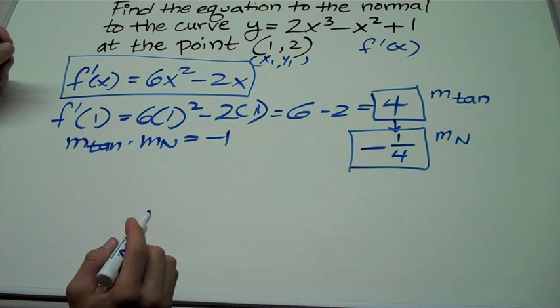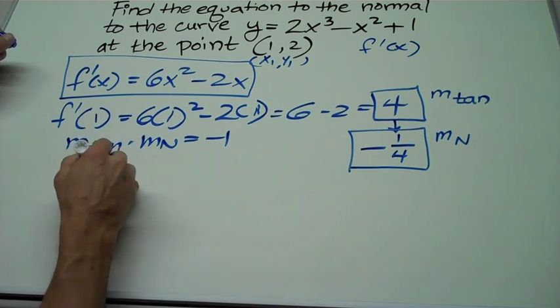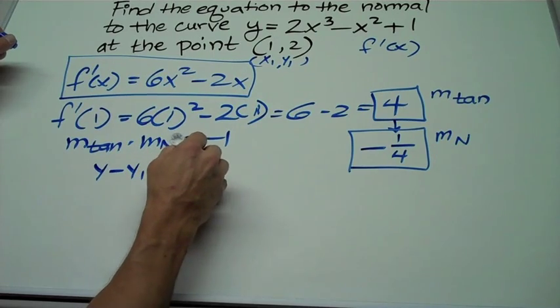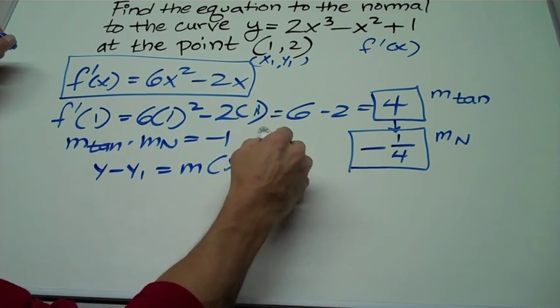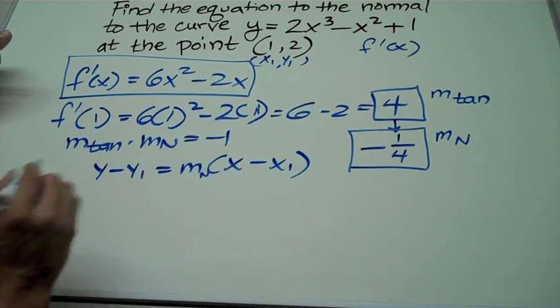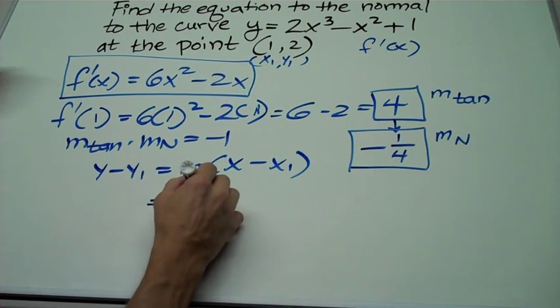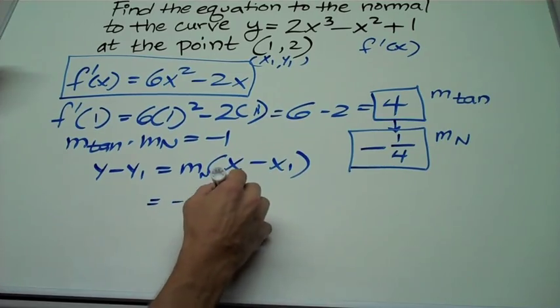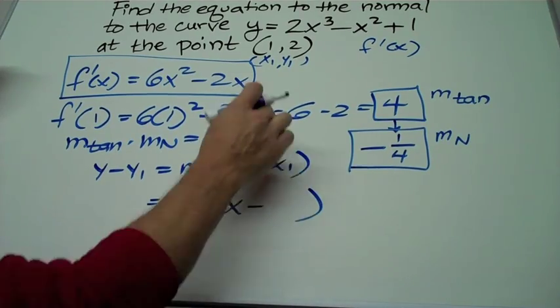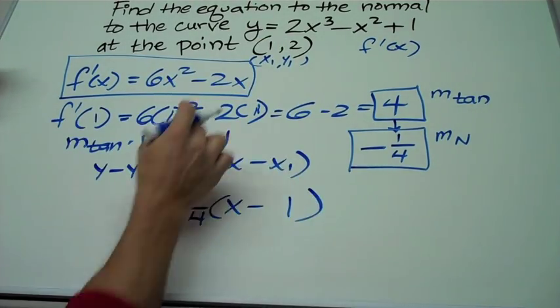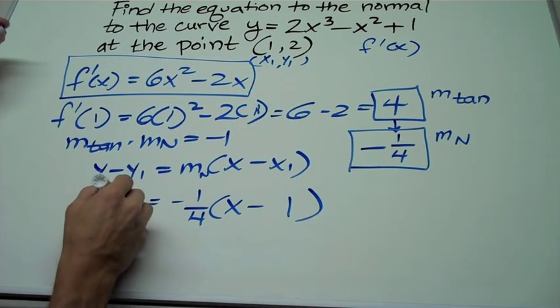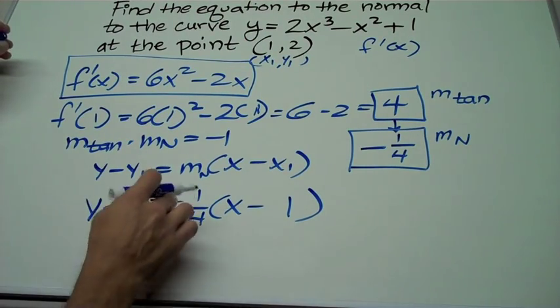Now all I have to do is remember my point-slope form. y minus y1 equals m times x minus x1, knowing that this is m of the normal. Well, the m of the normal is -1/4. x minus our x1 is 1, and our y1 is 2. y minus 2. Of course, you could distribute this out.